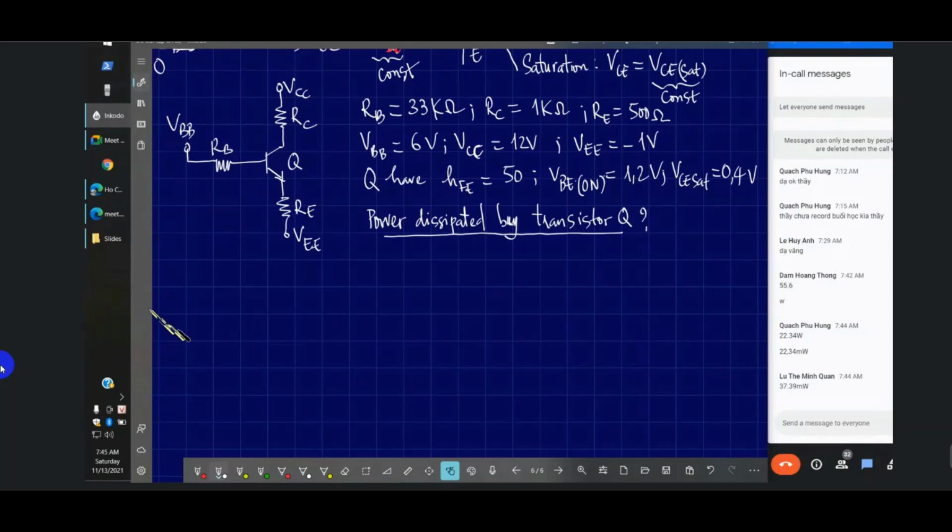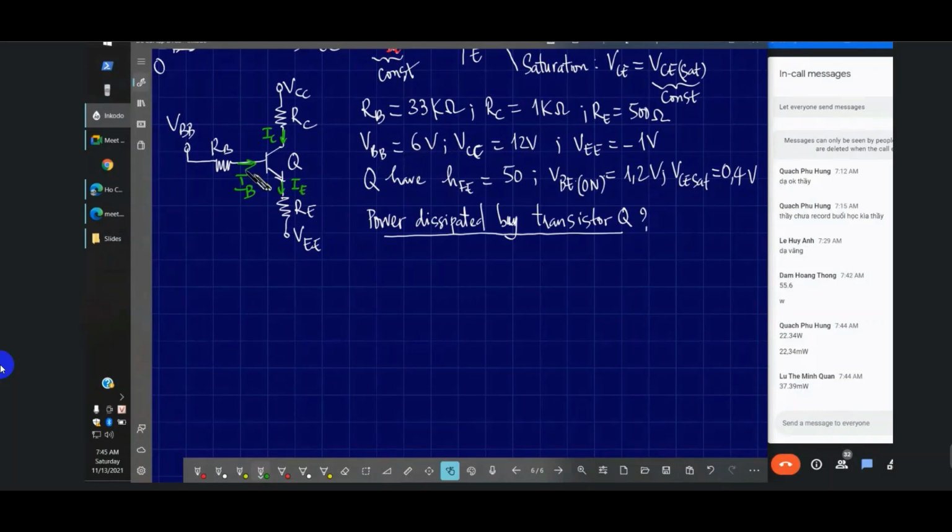Let's do it. Okay, before we start, we have to put the symbols, right? Like IB. We put the currents into the circuit: IB for this direction, then IC for this direction, and then IE for this direction.